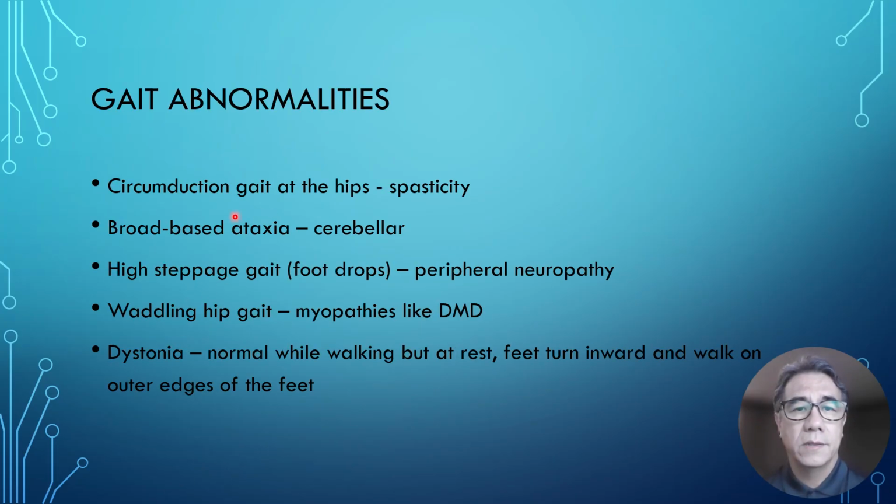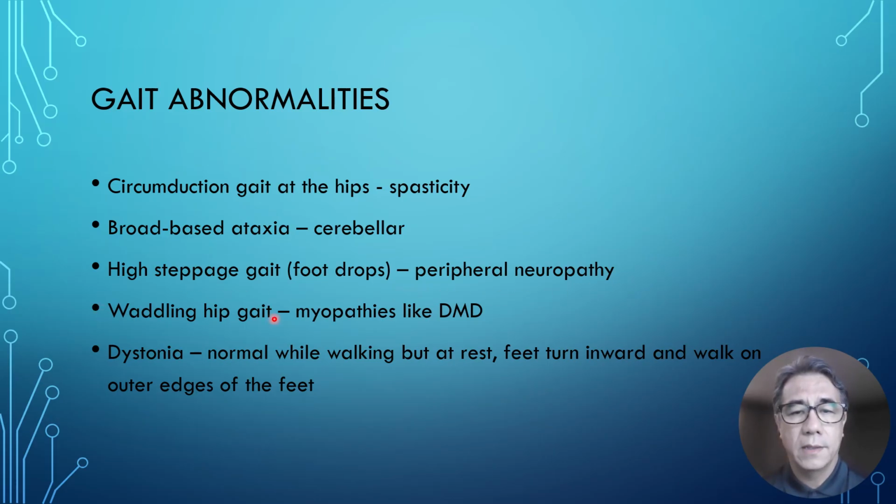Gait abnormalities, including patients with a spastic gait, they circumduct at the hips and tiptoe. Broad-based walking is usually cerebellar, often caused by brain tumors. If it's a high steppage gait with foot dropping, it's a peripheral neuropathy.